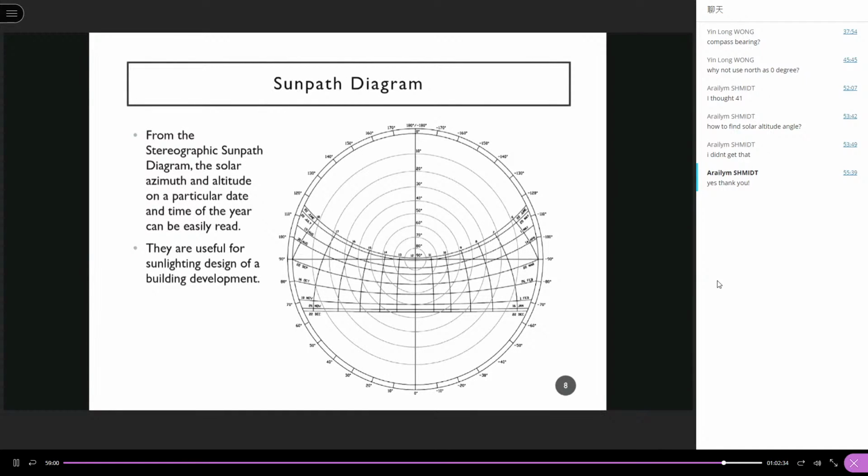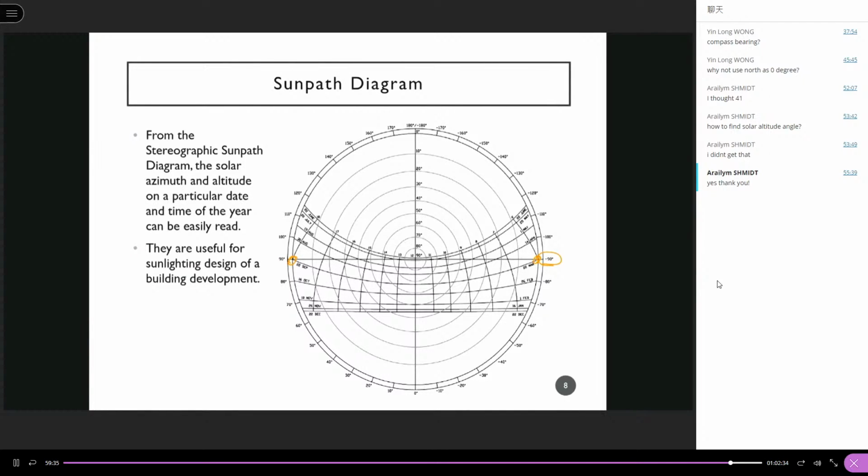Like this sun path, it represents the dates of the two equinoxes, 21st or 22nd of March and 22nd of September. On these two dates, the sun will rise exactly from the east, so that the solar azimuth is negative 90, and the sun will set exactly in the west, with solar azimuth 90 degrees.